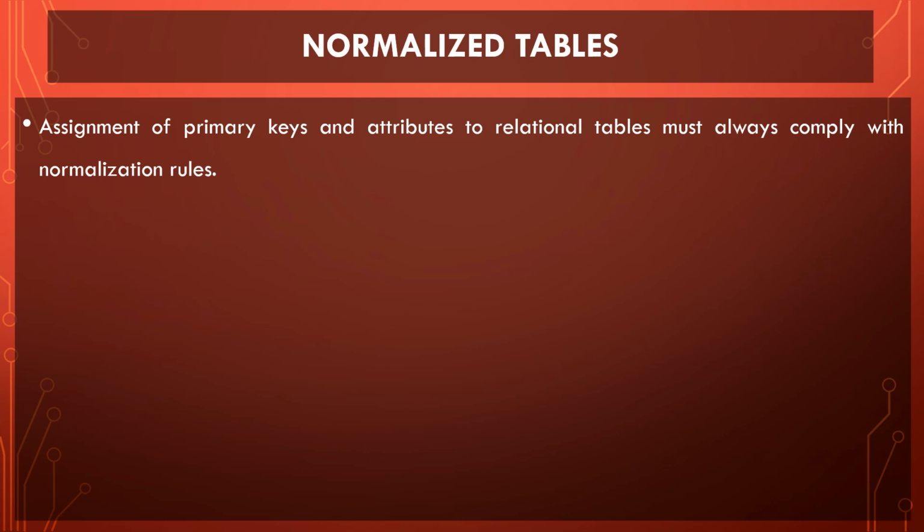And the normalization rules have three main levels: first normal form, second normal form, and third normal form.